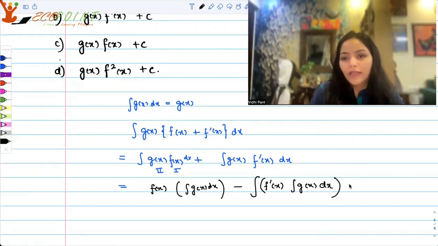So integral of this entire thing. Plus, I'm not touching upon the second term, which is gx f dash x dx.